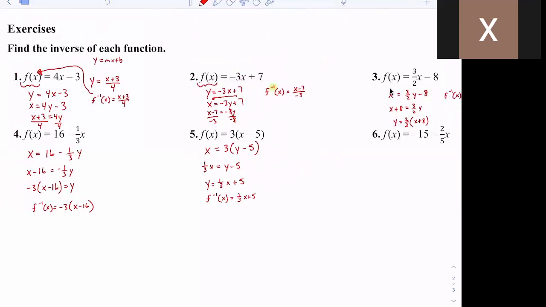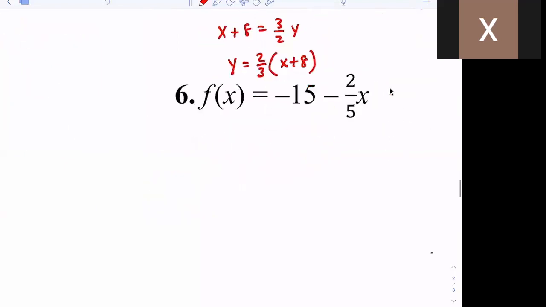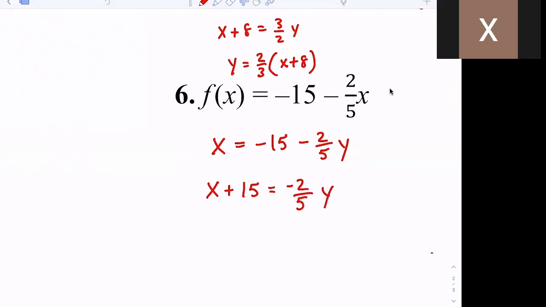All right, one more. Simple, simple, simple. So f of x becomes x. x equals negative 15 minus 2/5 y. What do I do? Add 15. So again, x plus 15 equals negative 2/5 y.